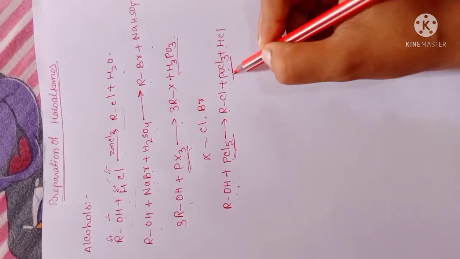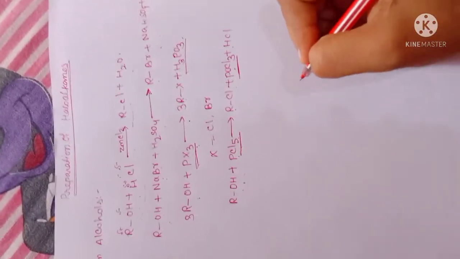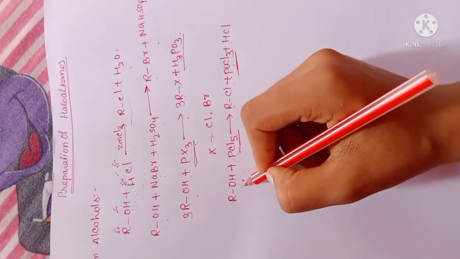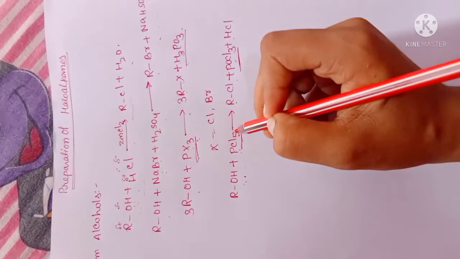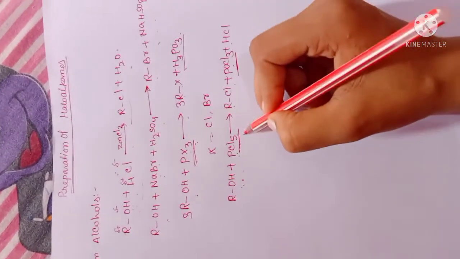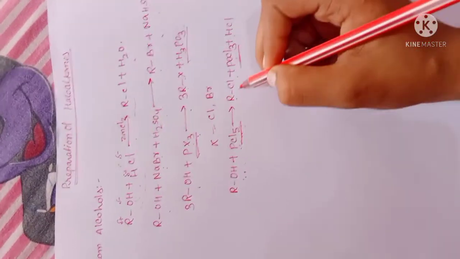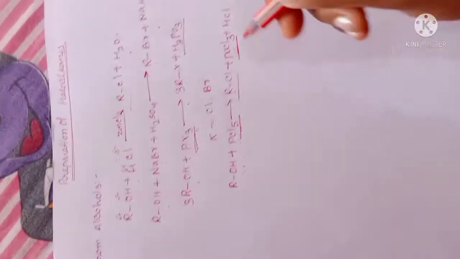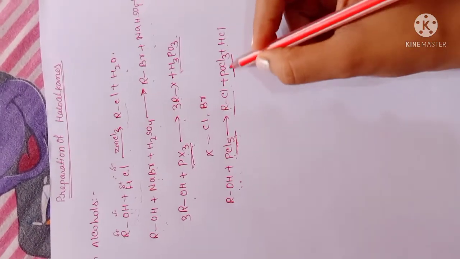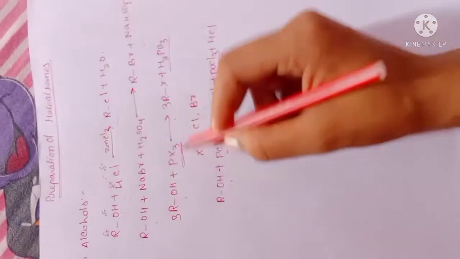It is a trick to remember the reaction, because alcohol with any of these which have a halogen will give haloalkane, but with this the byproduct is POCl3 and here the byproduct is H3PO3.